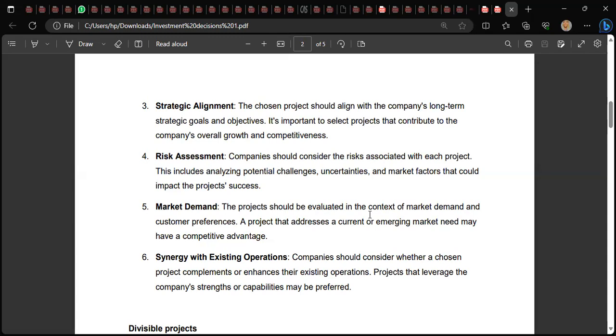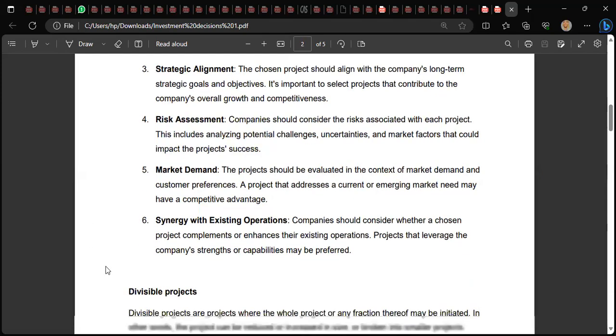Synergy with existing operations: companies should consider whether a chosen project complements or enhances their existing operations. Projects that leverage the company's strengths or capabilities should be preferred. So that's a lot of points to consider in terms of non-financial, non-quantitative, or qualitative factors.